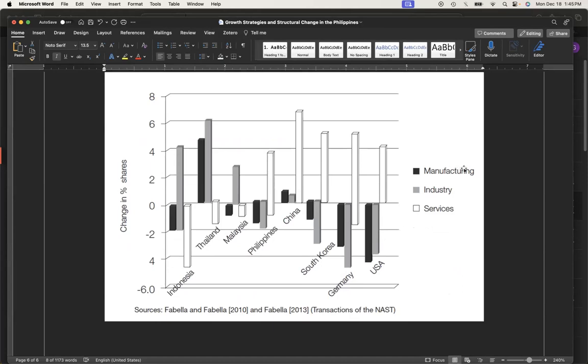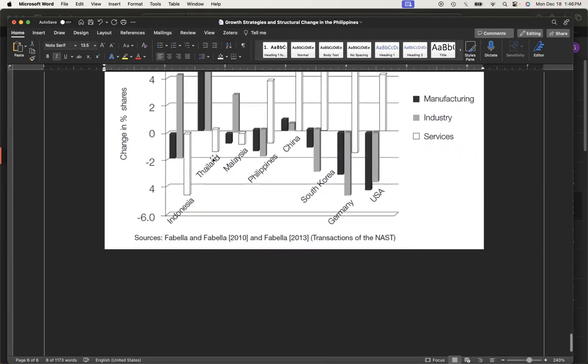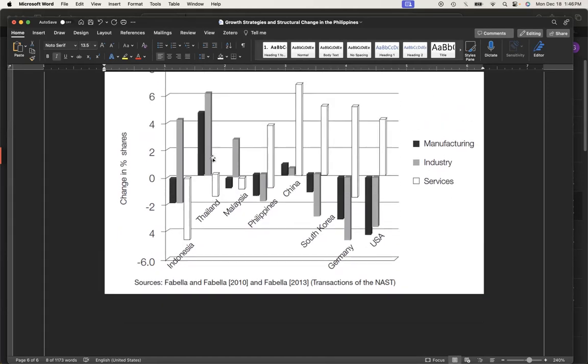And here are the three shares of manufacturing, industry, and then services, wherein we tend to look more like the United States and Germany. Look at the Philippines here, wherein services is this large share of GDP compared to Thailand and Indonesia, for example, which have a larger share of industry and manufacturing relative to services.